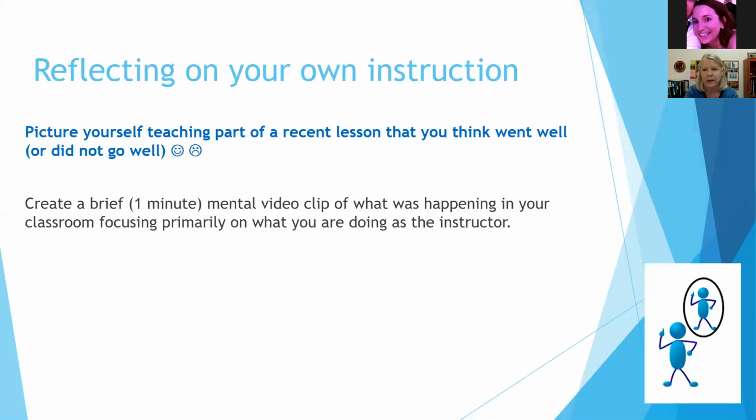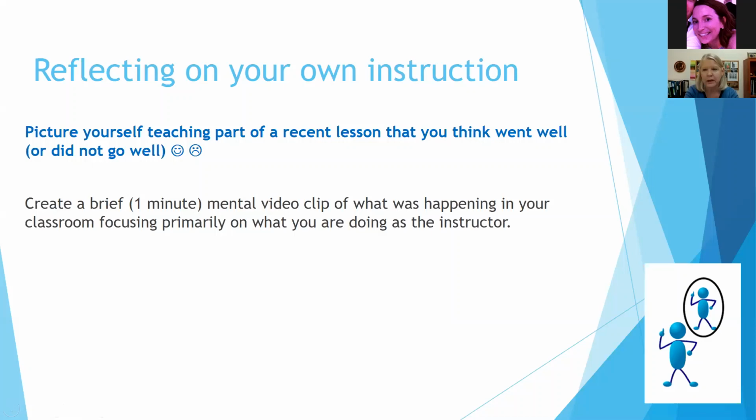So picture yourself teaching a part of a recent lesson that you think went well or did not go well. I already shared something that did not go well, for which I received feedback and was permanently changed. Hopefully you can think of something yourself.